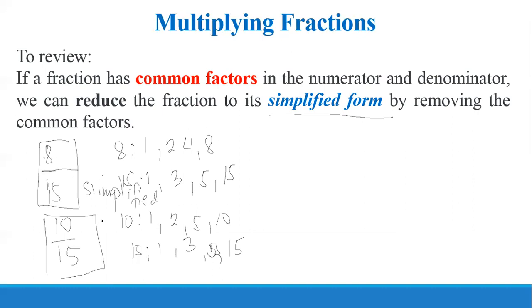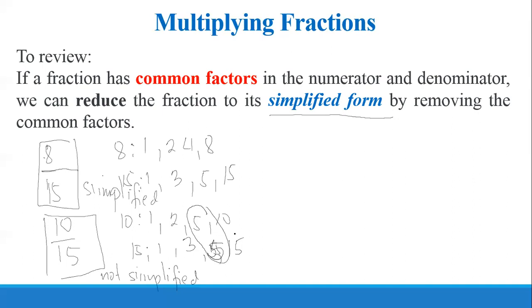Unlike 10 over 15, it is not simplified. Bakit? Bakit hindi pa siya simplified? Because they have a common factor, which is 5. So, 5 yung common factor nila. The common factor of 10 and 15 is 5.